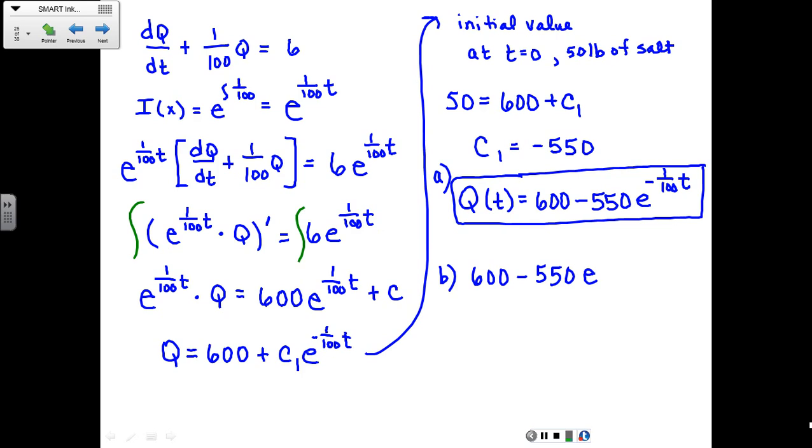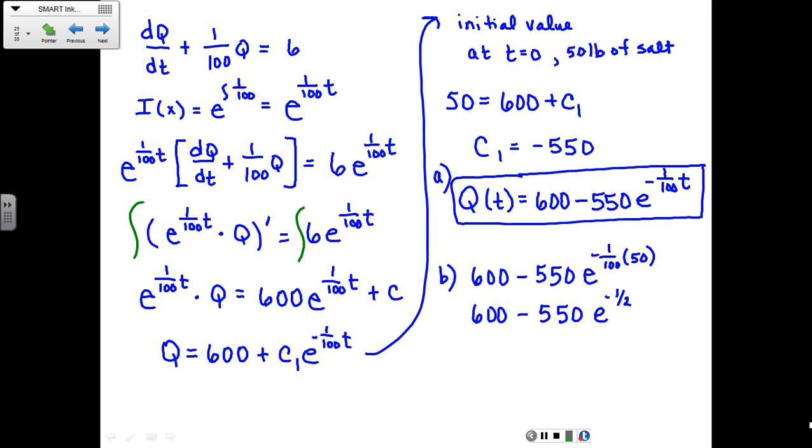Well, I'll just write it in so y'all can see what I'm talking about. 50 times negative 1/100th would be negative 1/2.